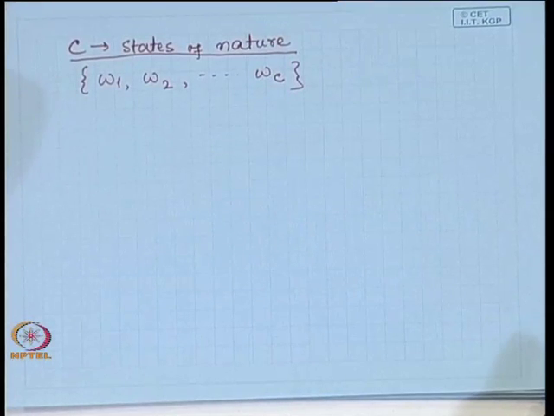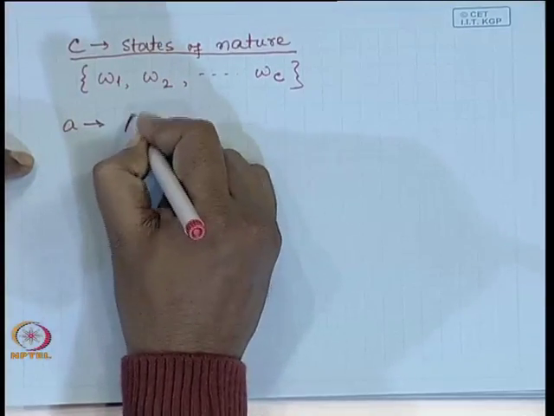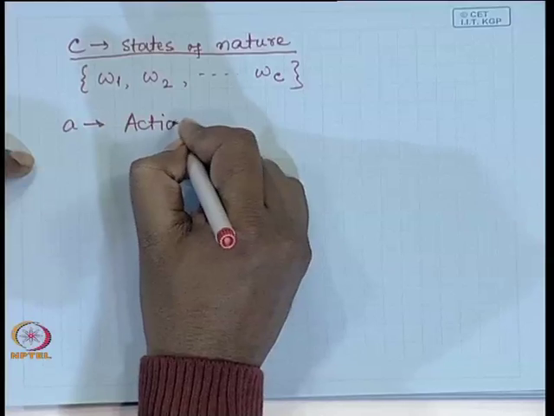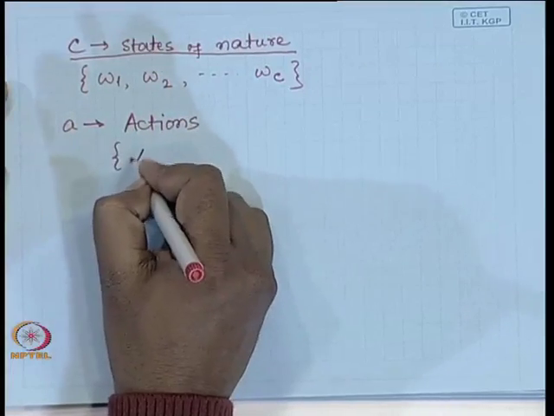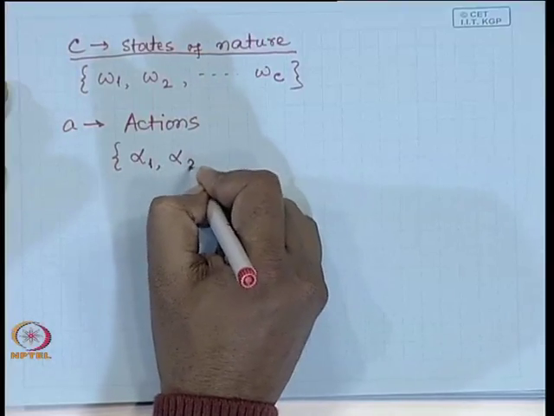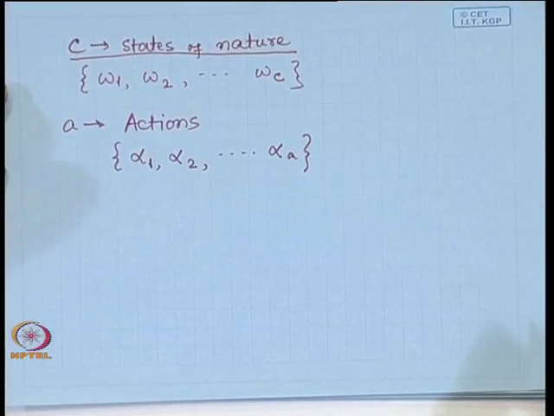Now, about the actions, we also allow actions other than merely deciding about the states of nature. Suppose there are a number of actions, and I represent this set of actions as alpha 1, alpha 2, up to alpha a. This is the set of actions that I have, apart from simply deciding whether the object belongs to class omega 1 or class omega 2 and so on.